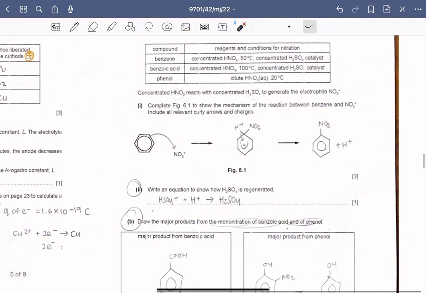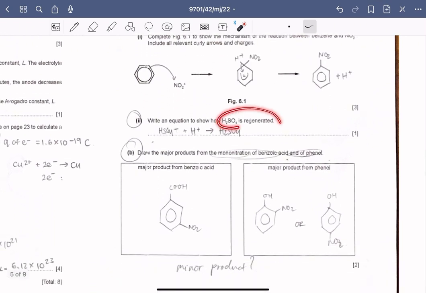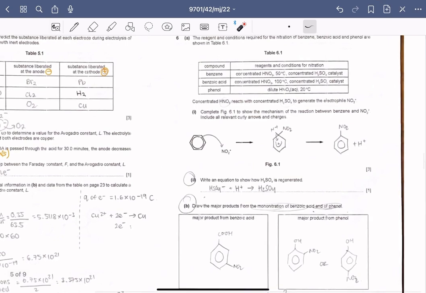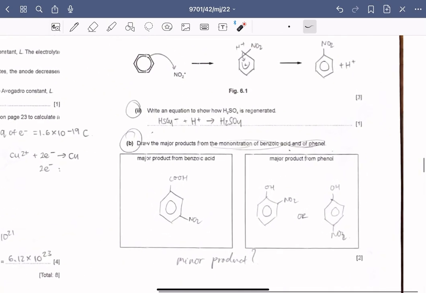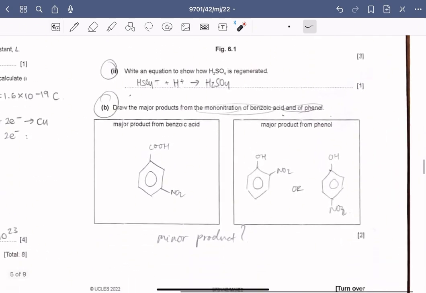Next, for part ii, write an equation to show how H2SO4 is regenerated. So H2SO4 is actually regenerated from HSO4- plus H+ forms H2SO4. Okay, so draw the major products from the mononitration of benzoic acid and of phenol.